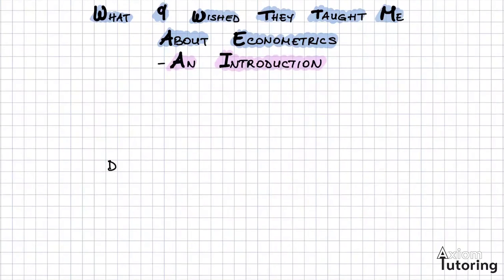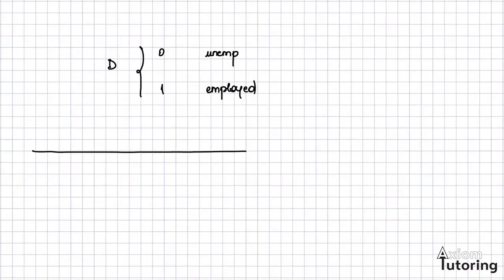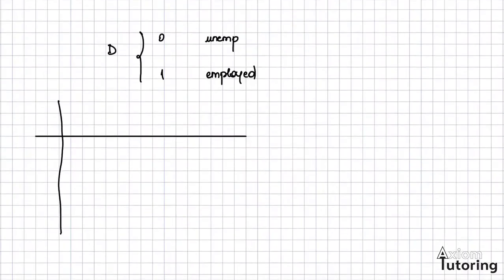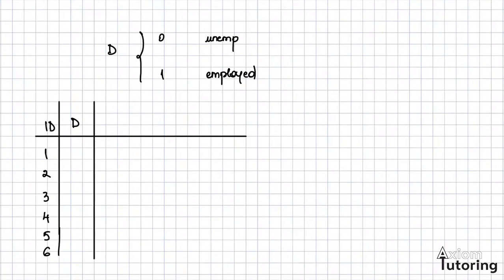So let's assume we have a dummy variable, which is 0 or 1, 0 being unemployed and 1 being employed. Now imagine that we have an Excel spreadsheet of 6 observations, with ID 1, 2, 3, 4, 5, 6. We've got the dummy here, and let's assume this is all the sample I have, just the 6 observations: 0, 0, 1, 1, 0, 0.